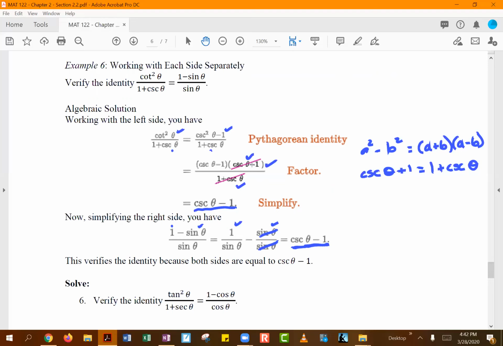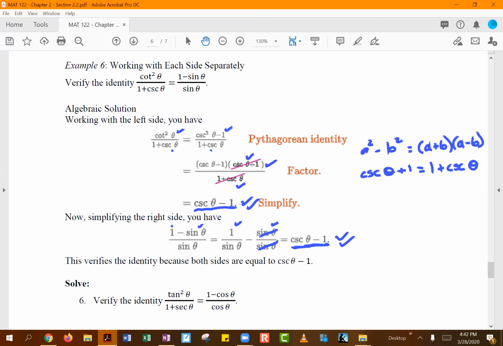So you can see, since we got the same result on both sides when we simplified it, you can say that they are in fact equal to each other, which means we have an identity for number 6. So a little bit of a different approach, right?